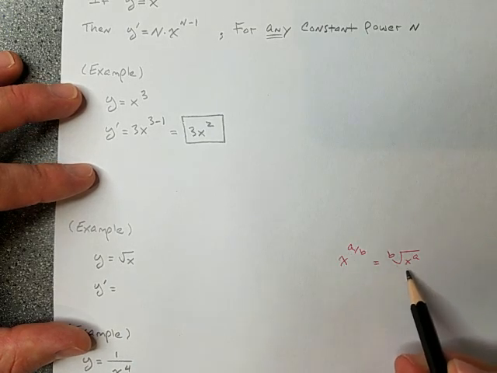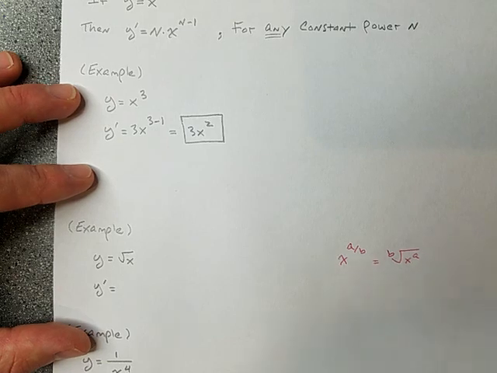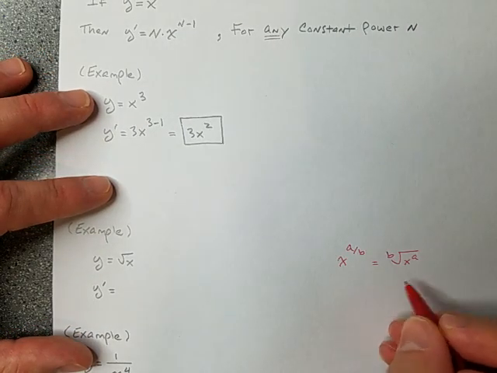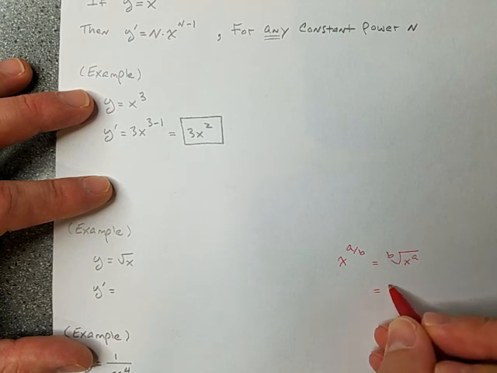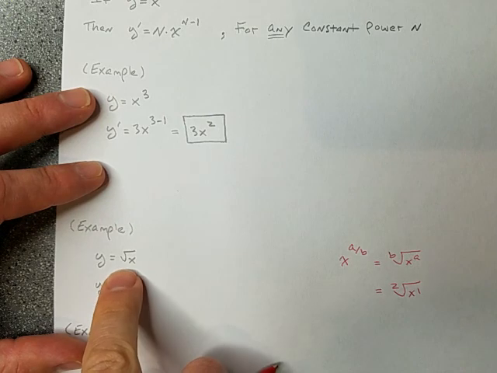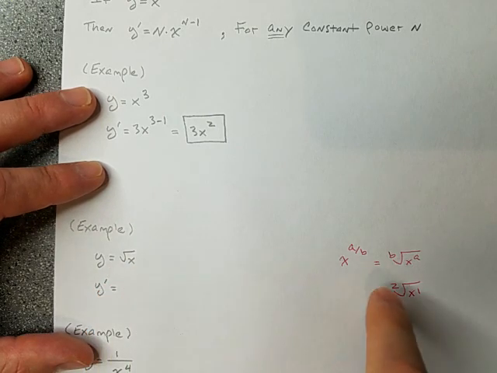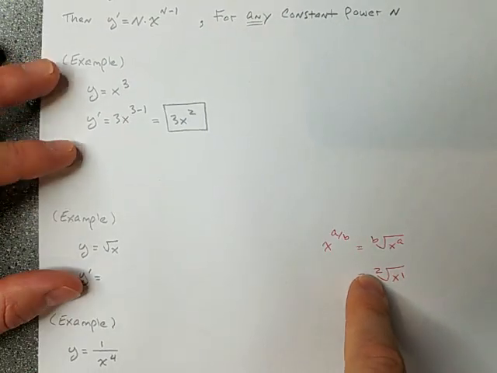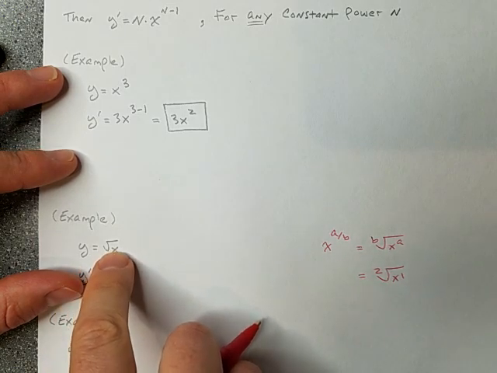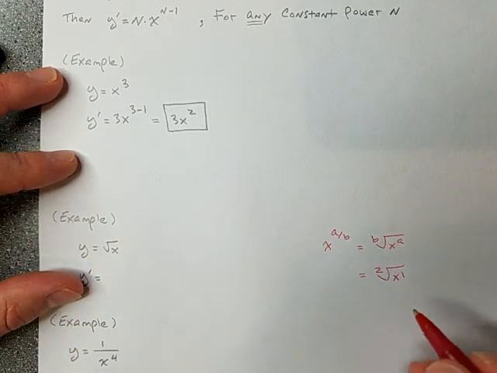I see a root, but I want to see a power. So in our case, if you said, well, I've got the square root of x to the first power, is that not true? Yes, that's the square root, and that index is 2, even though we don't write it. If I had to say there was a power on the x, I'd say it was a 1.